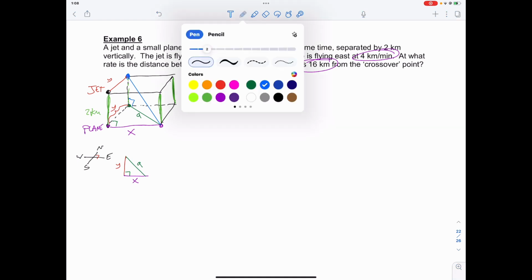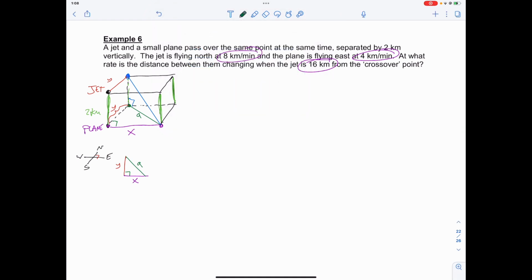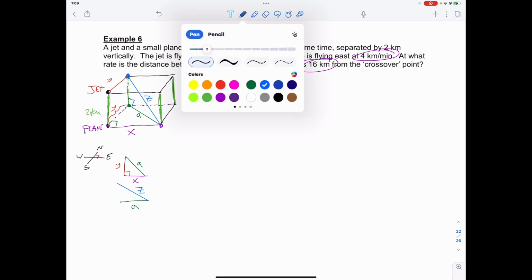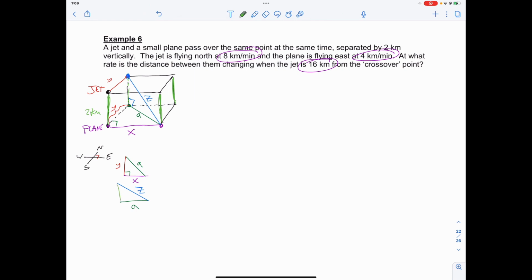In this case, the base is A, the hypotenuse is, let's call this Z, and the height is the same height that we had to start with. It's 2 kilometers.